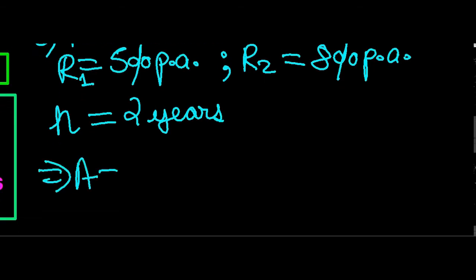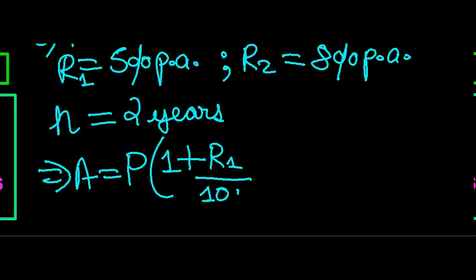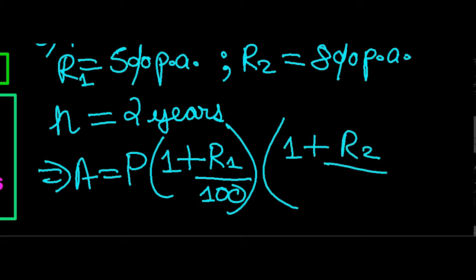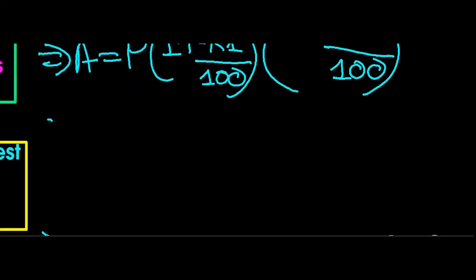Now let's start solving the sum. A is equal to P in bracket 1 plus R1 by 100, in bracket 1 plus R2 by 100. Friends, this is a new formula to solve this sum, in which we get different rate percents for the successive years. If you want you can write 1 as the power.